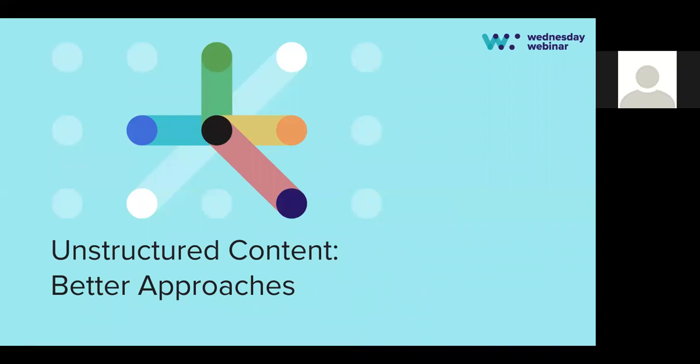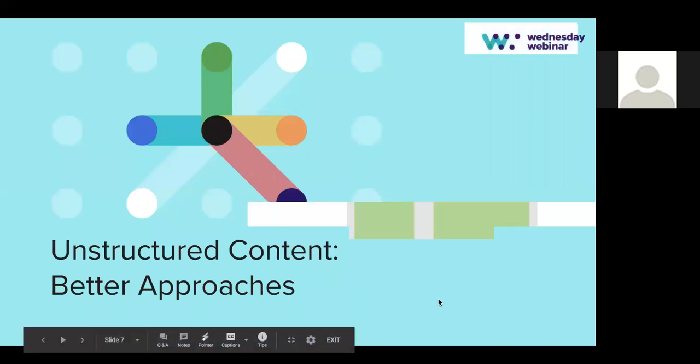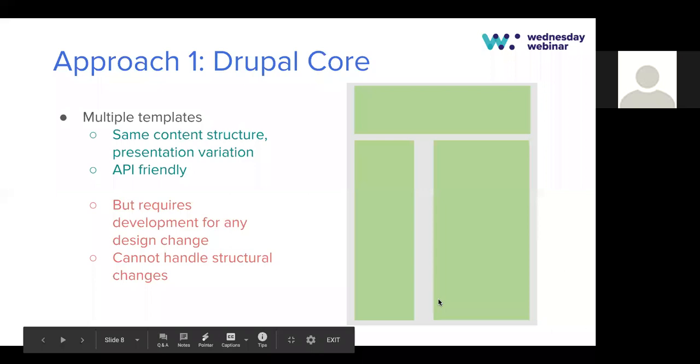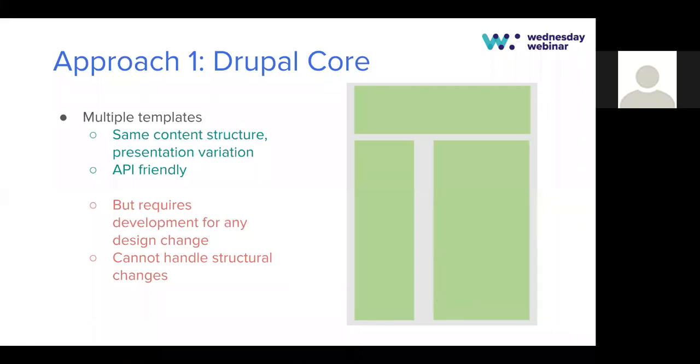So now let's talk about what are the different approaches that do work well, right? And that you should consider in your next project. So the first approach does not require any contributed modules. You can do this as part of Drupal core, and you can use Drupal's templating and theming layer to achieve this.